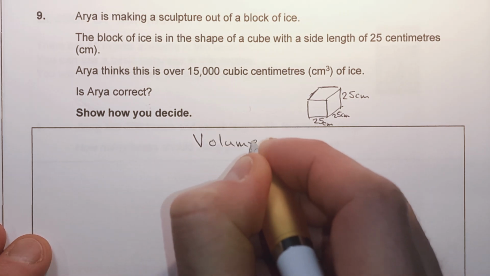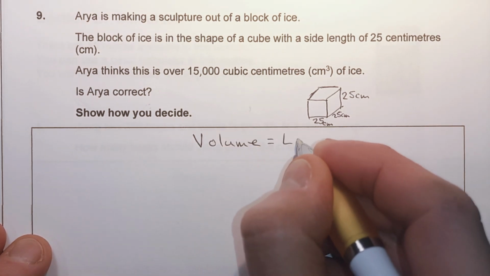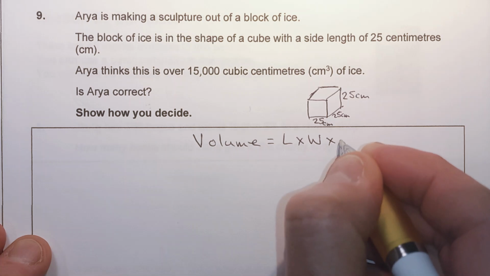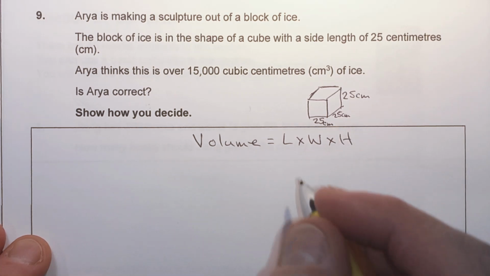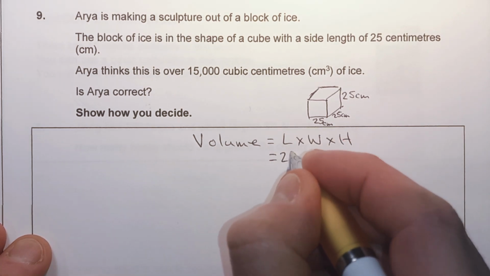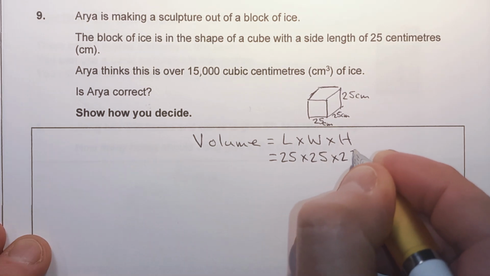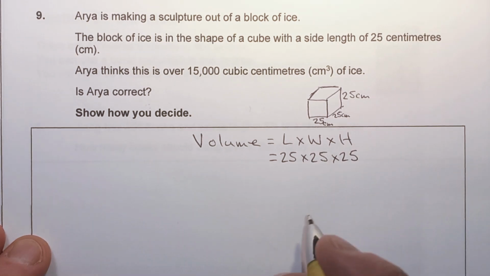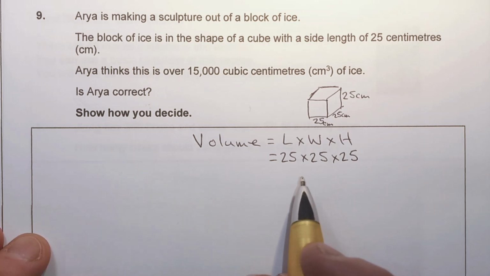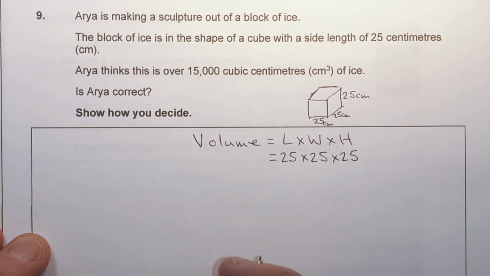And the volume, if it's a cuboid, it's the length times the width times the height. But here, because it's a cube, they're all the same. 25 times 25 times 25. Or you could say 25 cubed. Okay. And then we're going to try and compare that to 15,000.